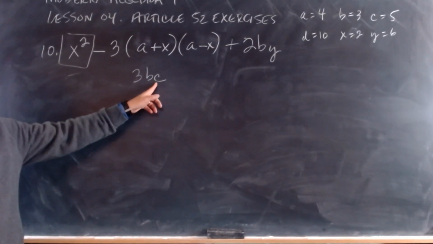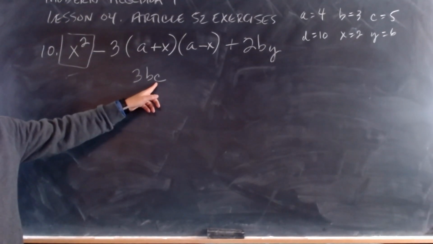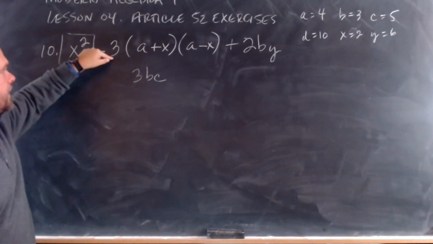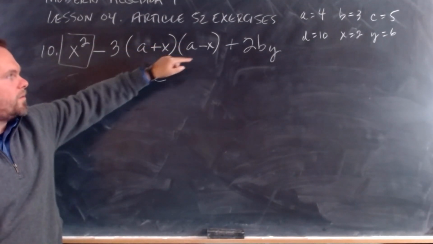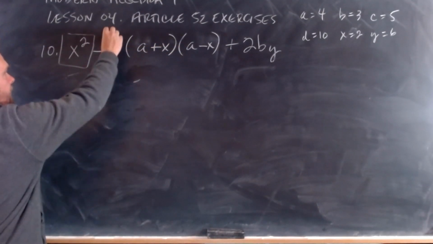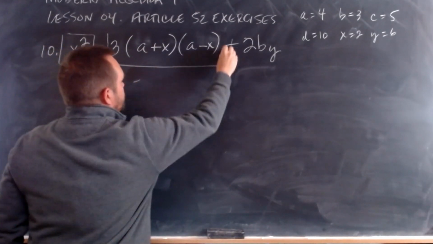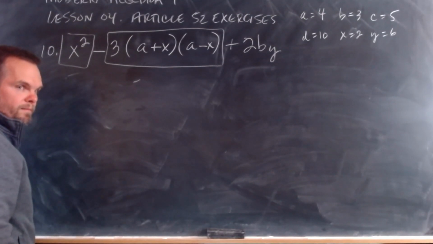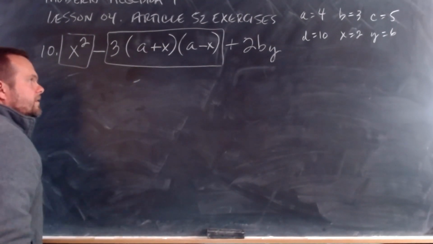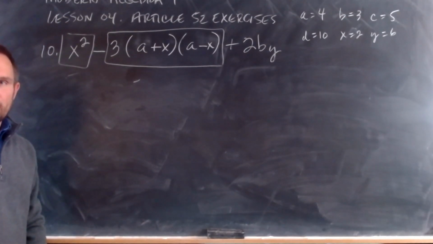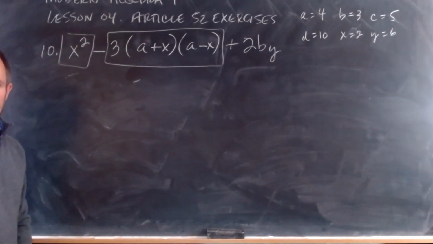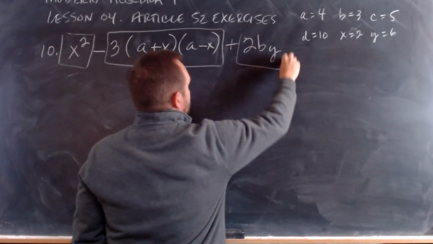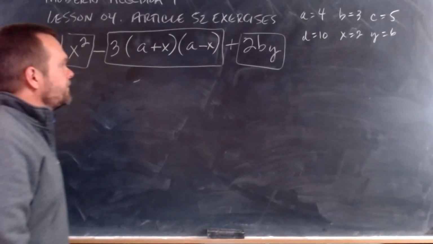That's all that this is. Okay? It's 3 times another quantity times another quantity. So this is our second term. Do you see that? It's 3 quantities side by side that are multiplied together. And this here is our third term. There's 3 terms.